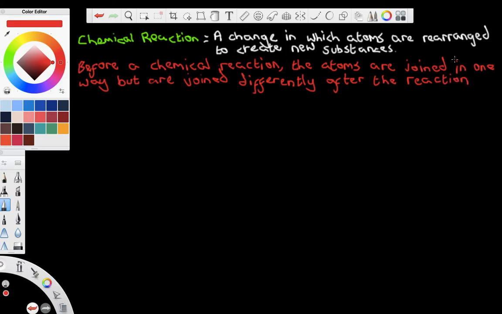So if we imagine that we've got one substance being added to another, so we've got substance A being added to substance B, which I'll do in orange.